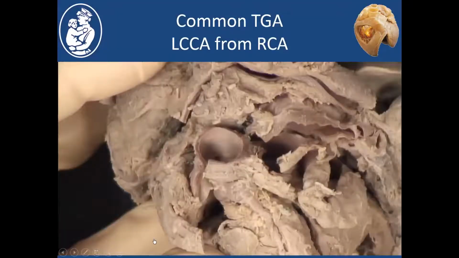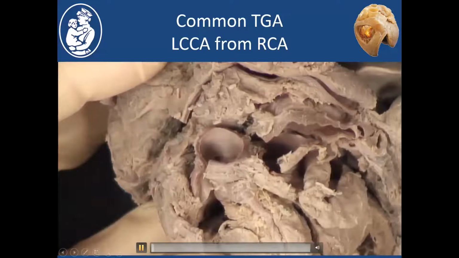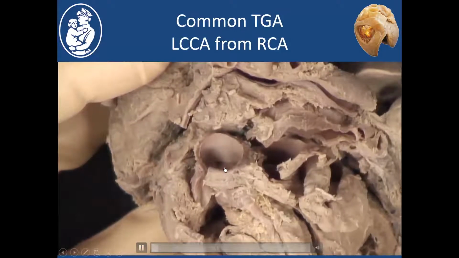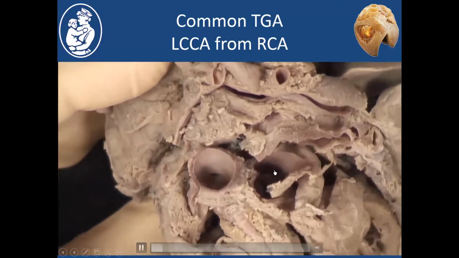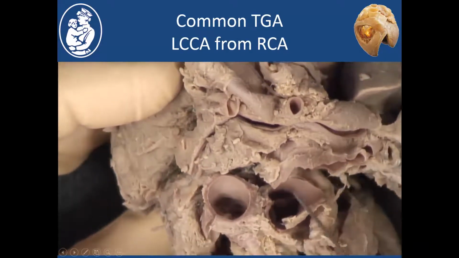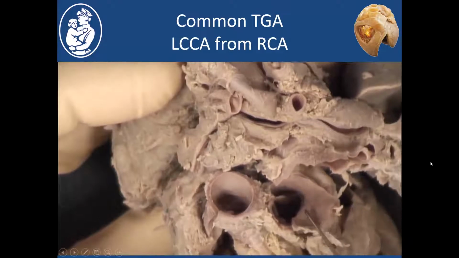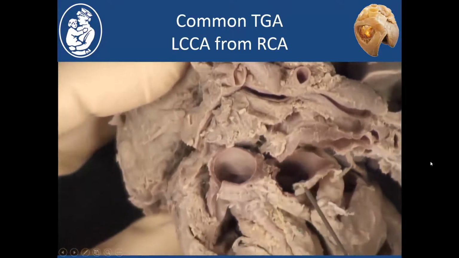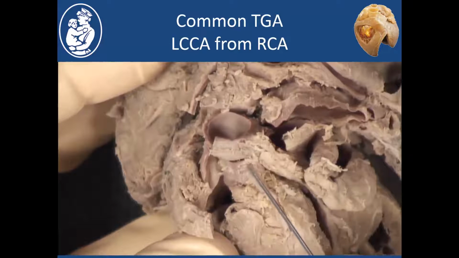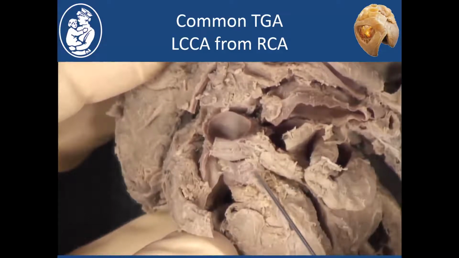This is an example of that in a specimen. Again, this is aorta, pulmonary artery. They're more side by side here. Aorta here, pulmonary artery here. We see a little bit more side-by-side great arteries when there's unusual coronary anatomy.